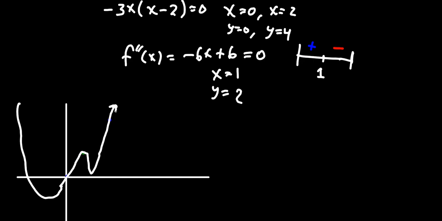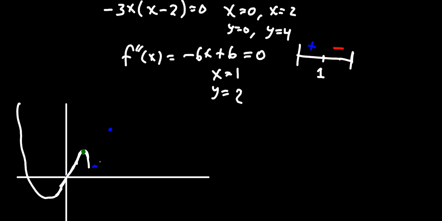And here's why. Our concavity right here changes at this point right here. So as you can see, we go from positive concavity, and then we'll have negative concavity. I'm not quite sure why I did this. Hold on a moment. Let's rewrite this. Let's say 2, 4 is right there.